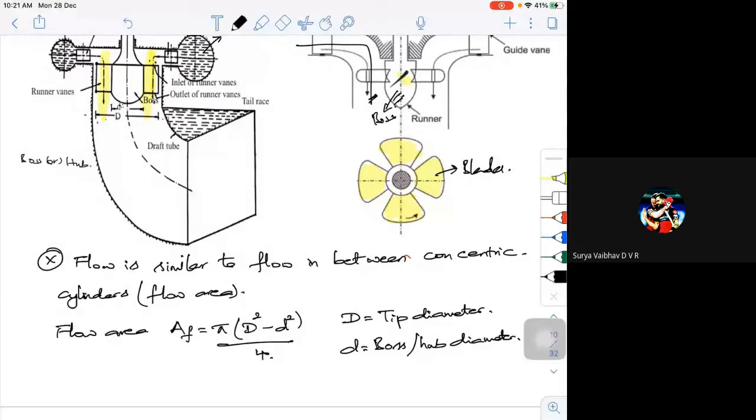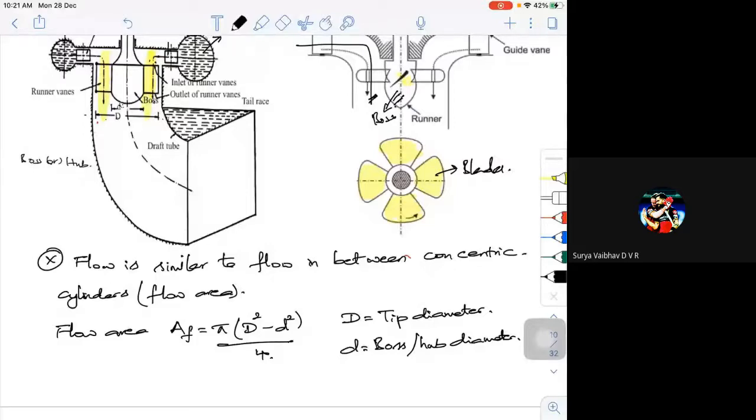So tip diameter squared minus boss diameter squared, into pi divided by 4, gives your flow area. It is similar to the cross section area or flow area of two concentric cylinders.